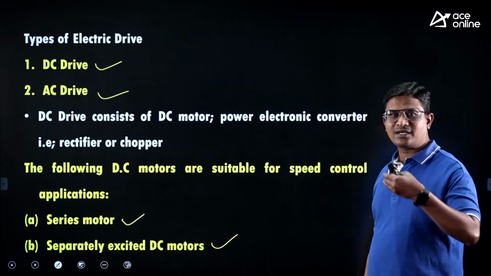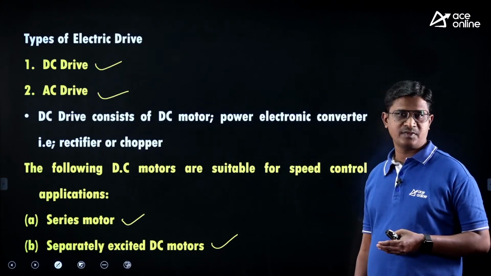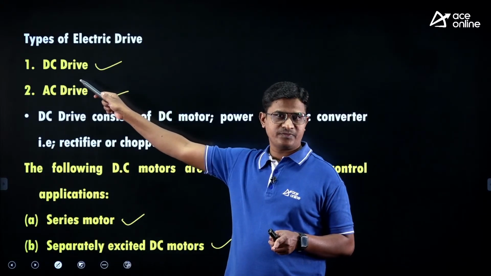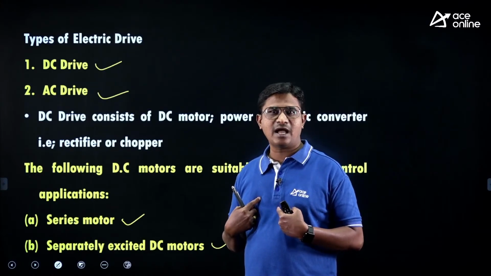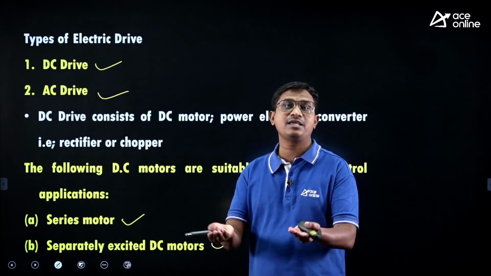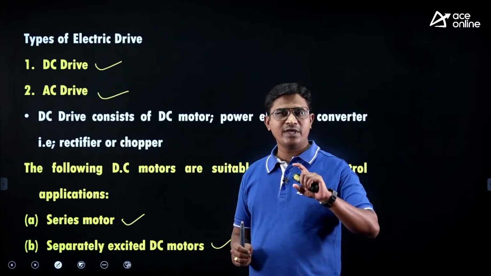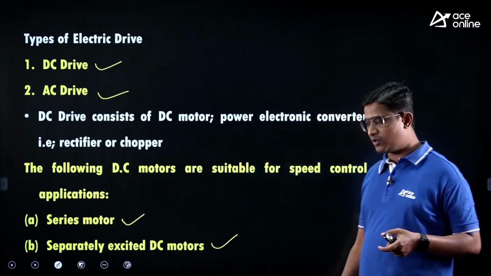Now which power electronic converters can we use in a DC drive? DC drive means the speed control of DC motor. If I want to control the speed of DC motor, I need to give the variable DC as an input to my DC motor, right? So which converters give the output as a variable DC? Recall the power electronics.